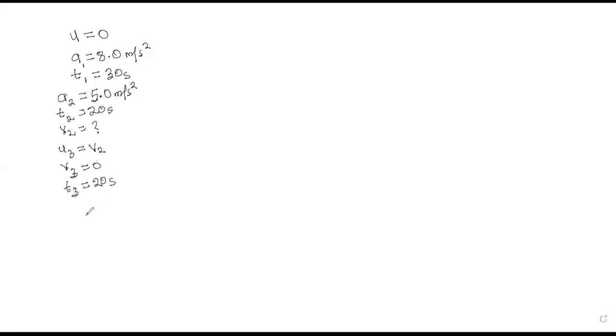Now, in our last meeting, I told you that if you have a velocity time graph, and the graph is like this. Let's assume the graph is like this.